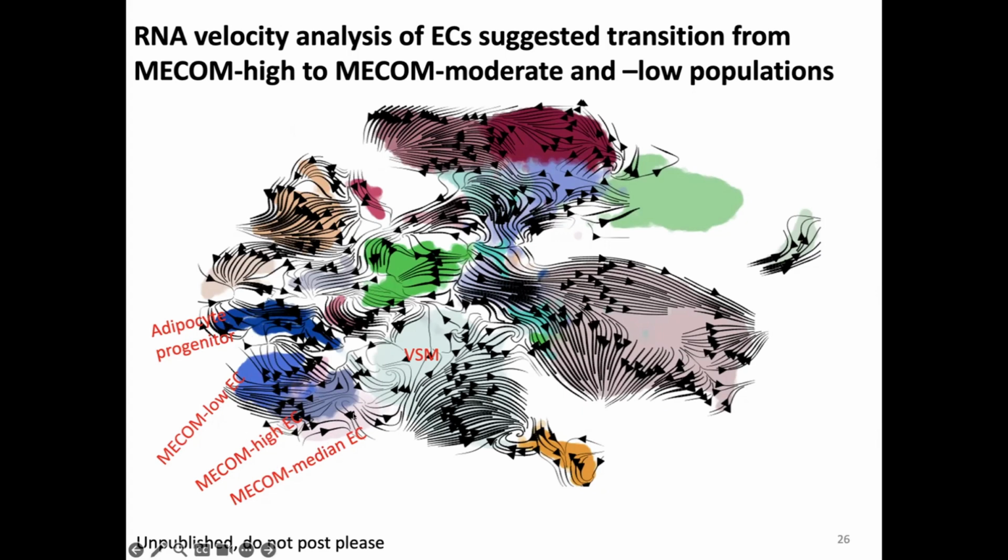Whereas the endothelial cells with the median expression level of MECON seem to show some transition towards the smooth muscle cell populations. The endothelial cells with median or lowest expression of MECON seem likely to come from the endothelial cells with the highest expression of MECON.